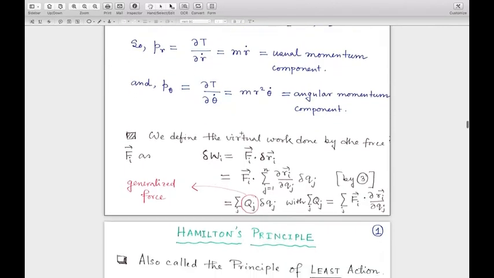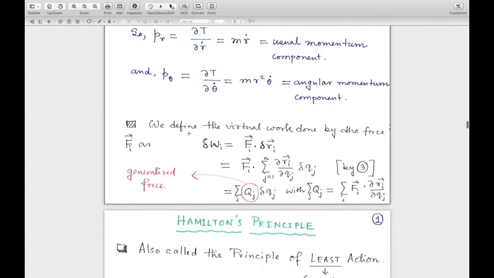We also define two important things. One is virtual work. Virtual work is nothing but the scalar product of force with virtual displacement. Now you all know the virtual displacement, and you also know how to express this in terms of the generalized coordinates.